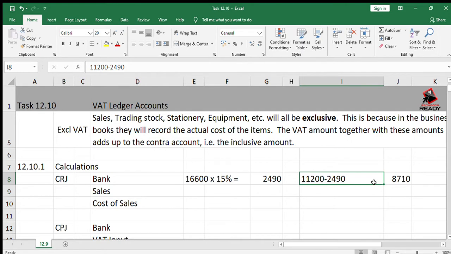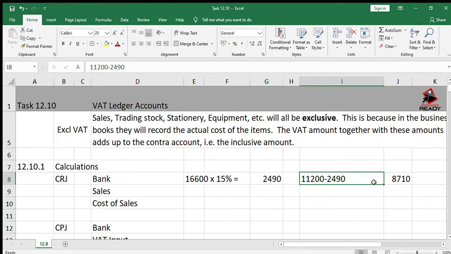Now the reason I've done this is because the VAT output is calculated on the sales and on the fee income. It's not calculated on the cost of sales. The reason is that the VAT on the purchases will come from the CPJ, the CJ, etc. Right? So the VAT is basically just for the sales and the fee income in the CRJ.